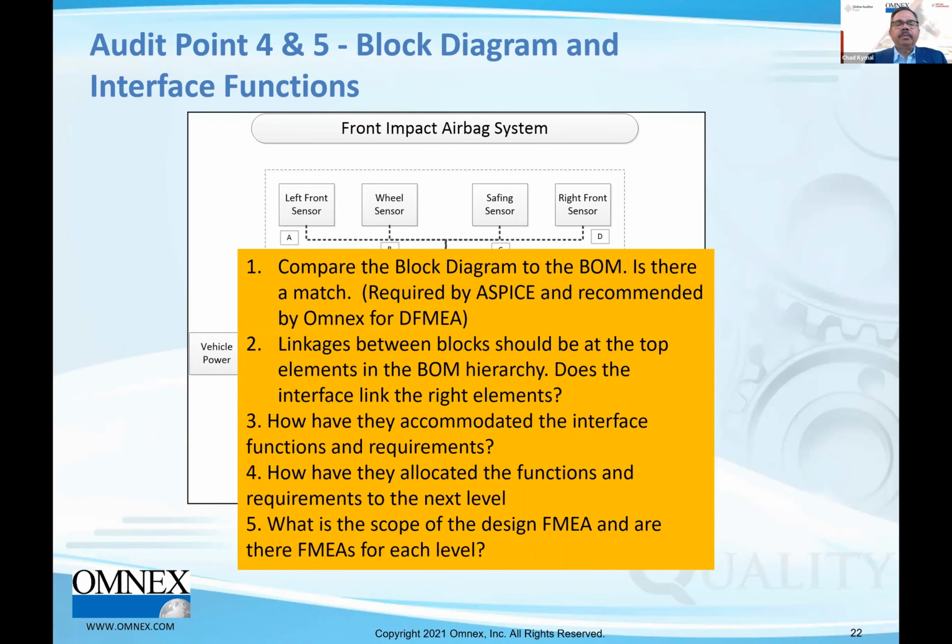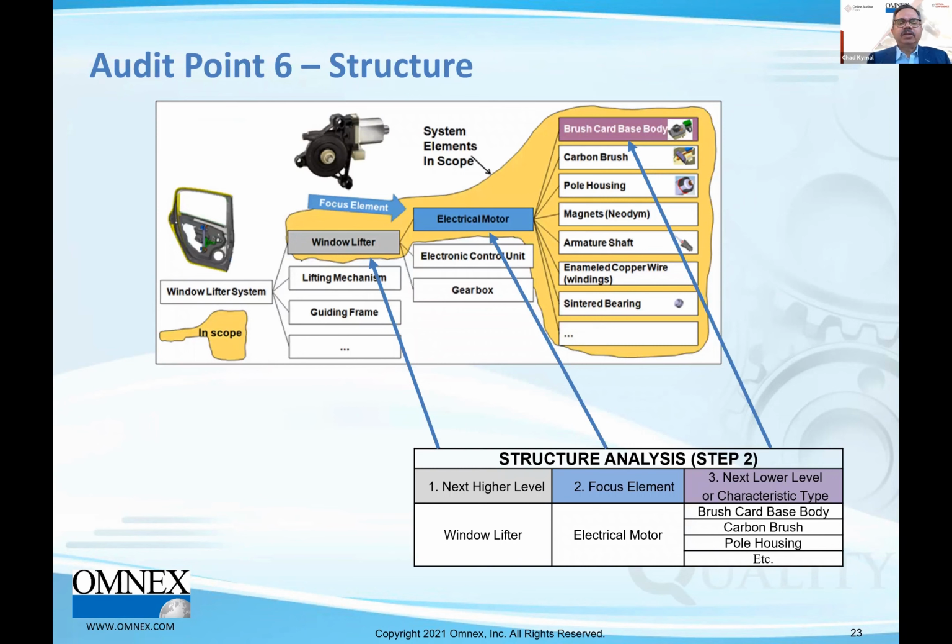All right. Next, this is the structure, folks. This window lifter system is made up of the window lifter, lifting mechanism, guiding frame, and so on. The window lifter breaks down into the electric motor, ECU, and gearbox.